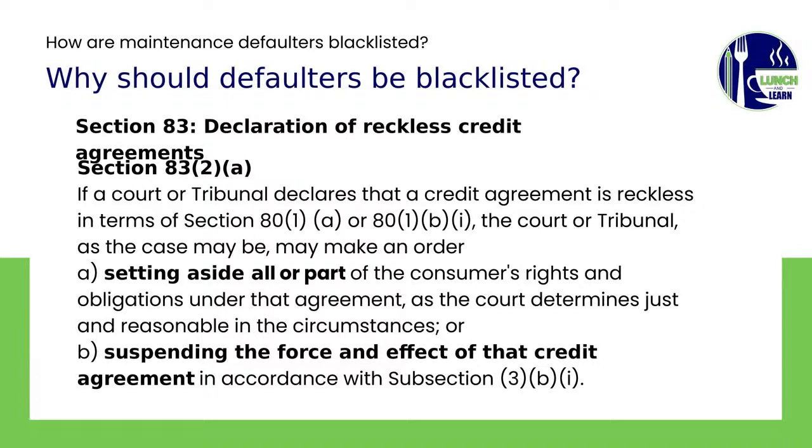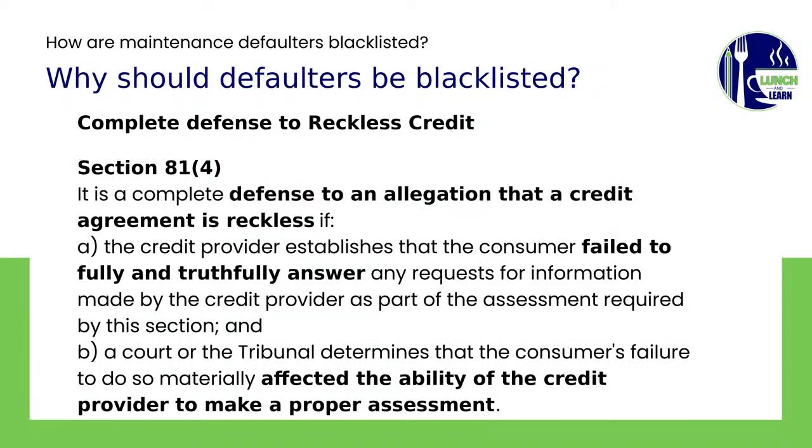They can then make an order setting aside all or part of the consumer's rights and obligations under that agreement, because the court might feel, you know what, this is reasonable. So they can alter the agreement. They can set it aside, in full or in part, or they could also suspend the force and the effect of that credit agreement. So they can stop it and they can put that on hold.